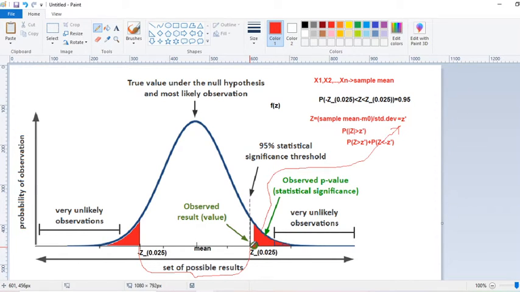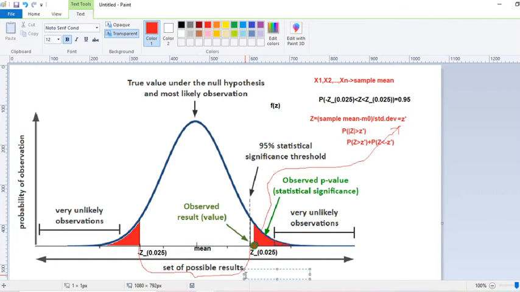So what will be the rejection region? Rejection region is outside the acceptance region. So what are the regions corresponding to the rejection region?